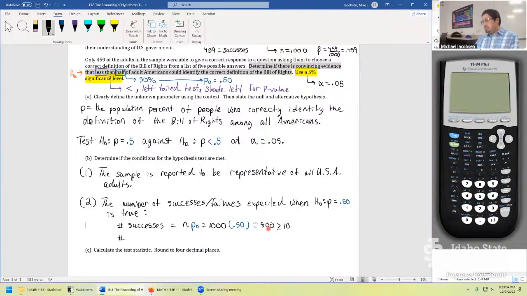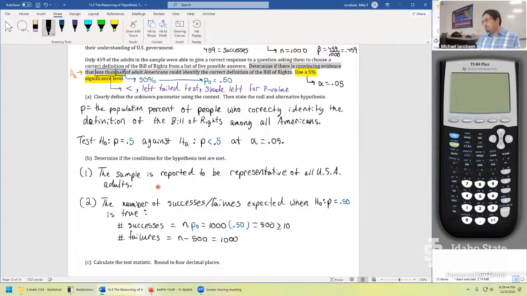That means number of failures is going to be n minus the number of successes, 500. We're really writing this down just for the sake of the process. Not too bad numbers this time, 1,000 minus 500. But we kind of already knew it's going to be 500 failures as well. This is just a paper trail in the notes more than anything. It's greater than or equal to 10.